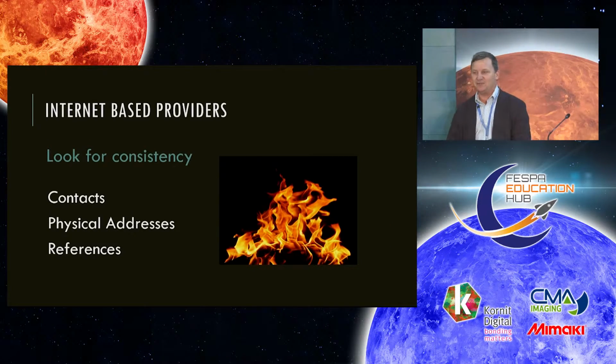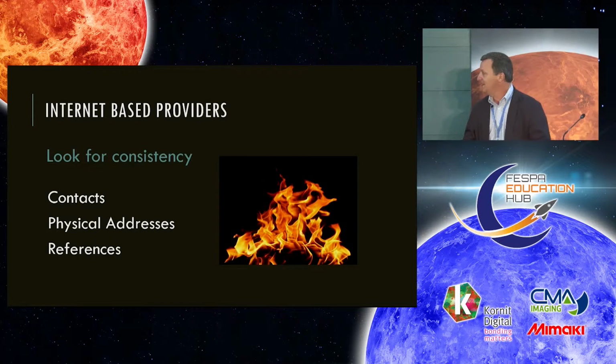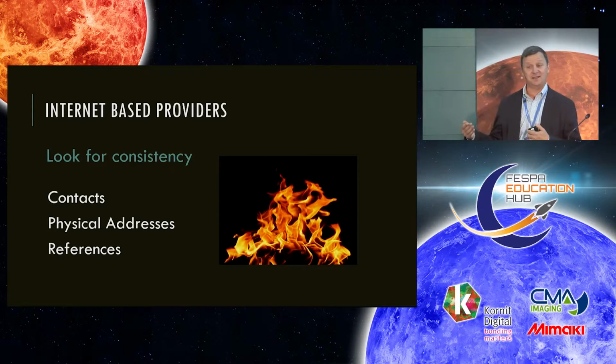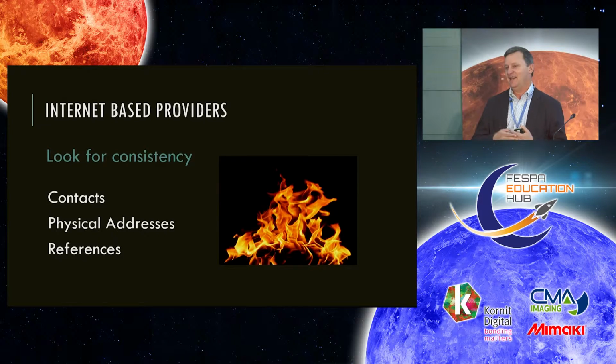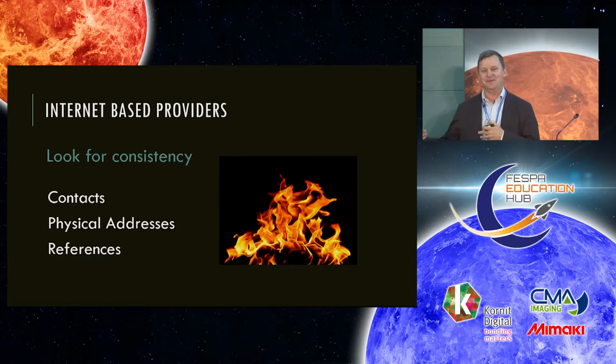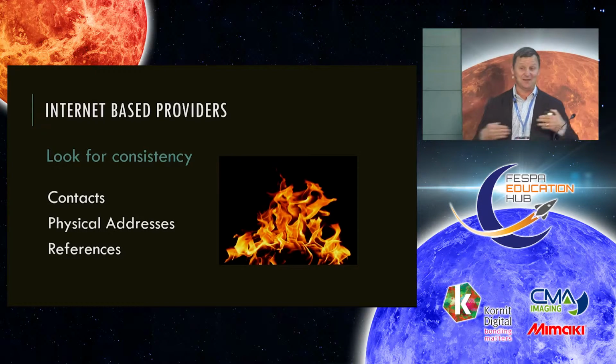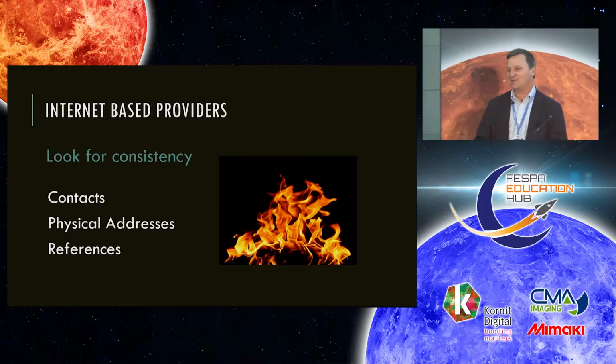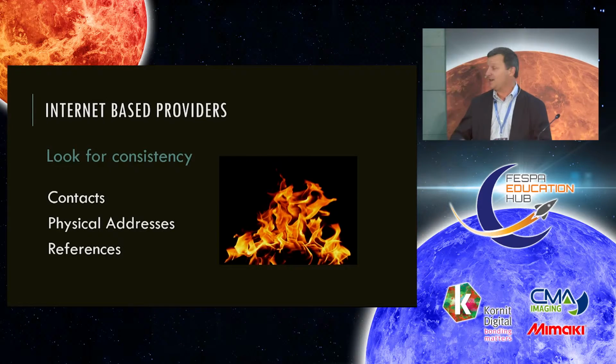One word of advice with internet providers is I look for consistency on their websites. Anybody can build a website that says they can do anything and show you samples of products that they've done, or products that they've photoshopped. But on those websites, I look for contacts. When I make a contact, I look for the same person.